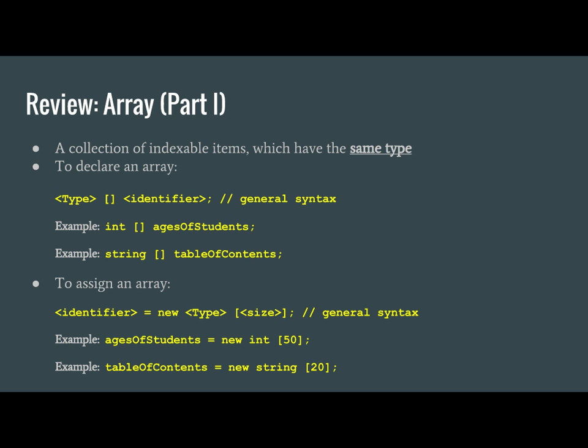In the example here, we assign an array of 50 integers to this integer array, age of students. And here we assign an array of type string that can hold 20 items to the array variable we declared, table of contents.